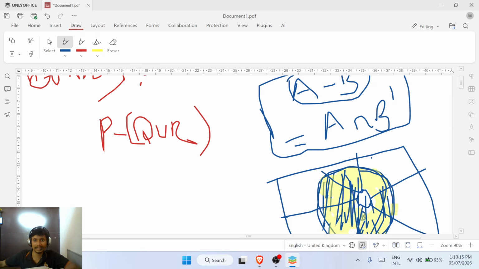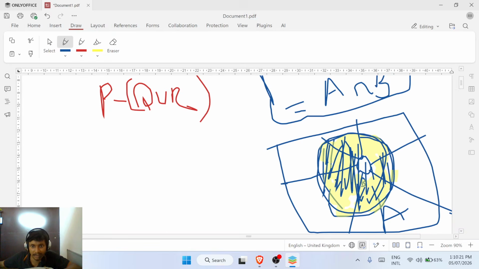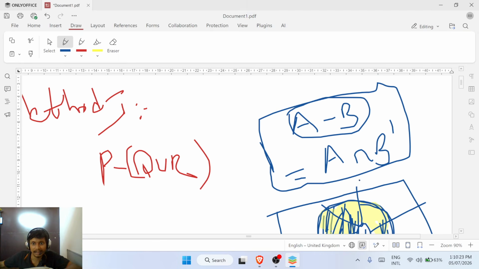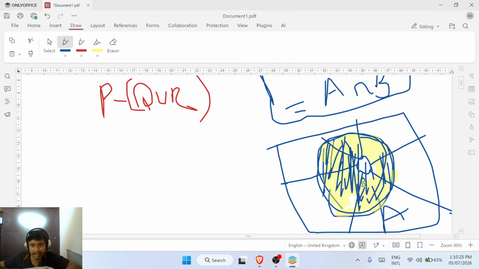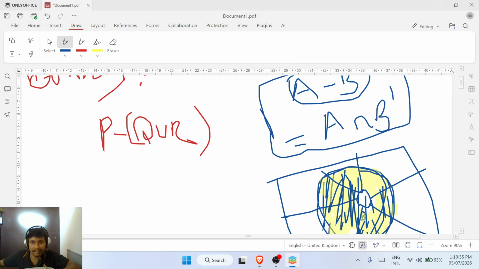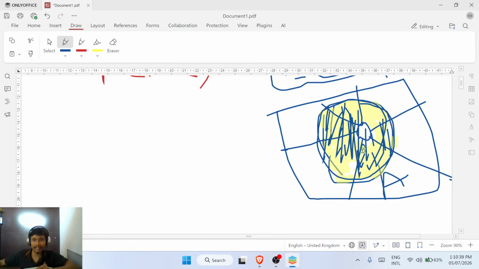Therefore, what is A intersect B dash? A minus B is this part. A is this, and B dash is out of B. Where this A and this B dash intersect is in this place.